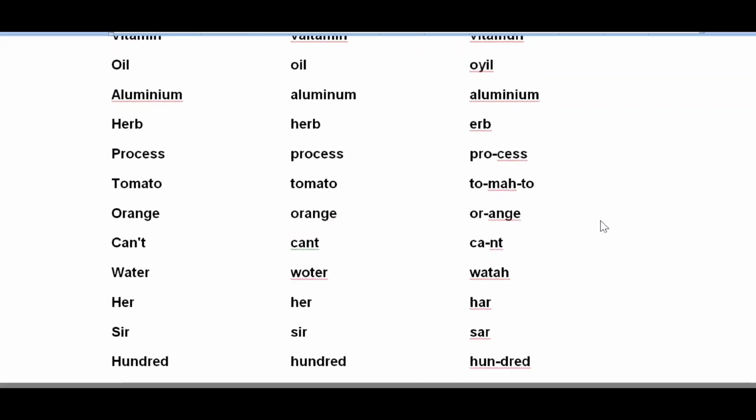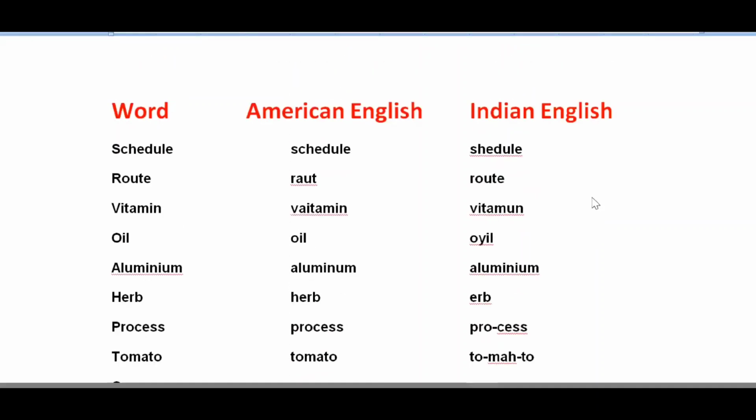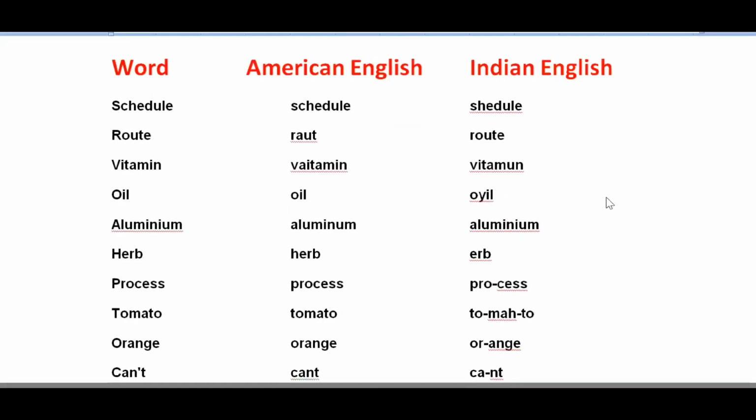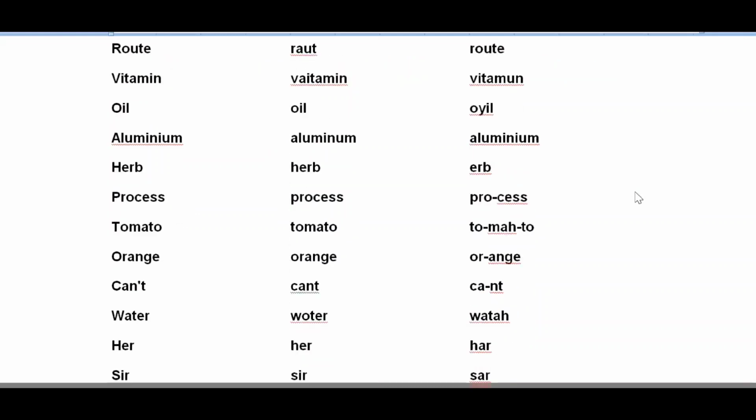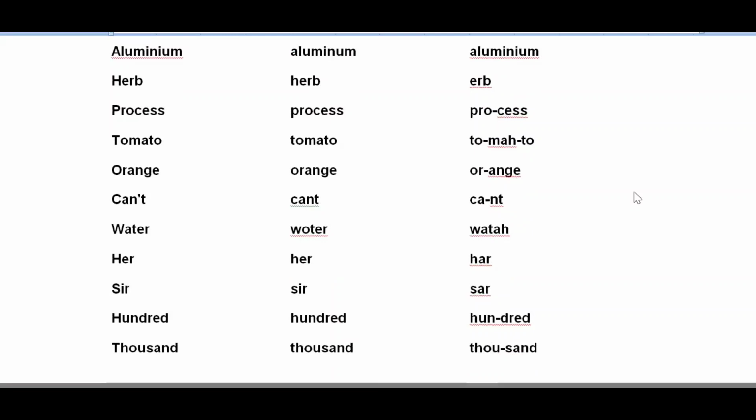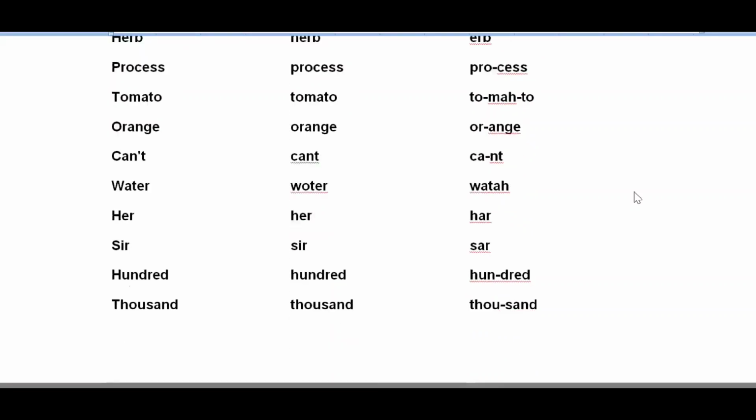Let's go for one more time. It would be a recap. I'm going to read all the Indian English words again for you. Schedule, root, vitamin, oil, aluminium, herb, process, tomato, orange, can't, water, her, sir, hundred, thousand.